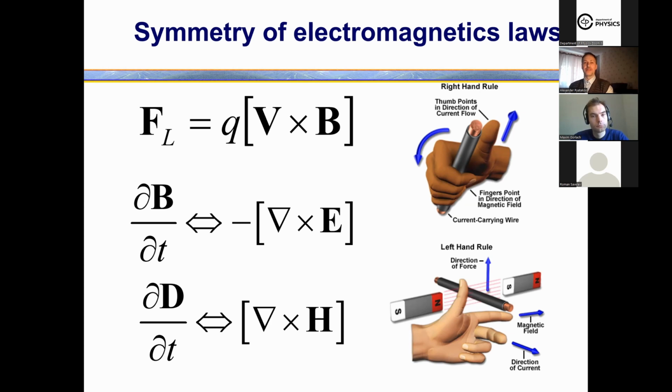For example, it's not by chance that the magnetic induction couples with velocity and the charge to produce force. And it's not by chance that the time derivative of the magnetic field is related to the curl of the electric field.